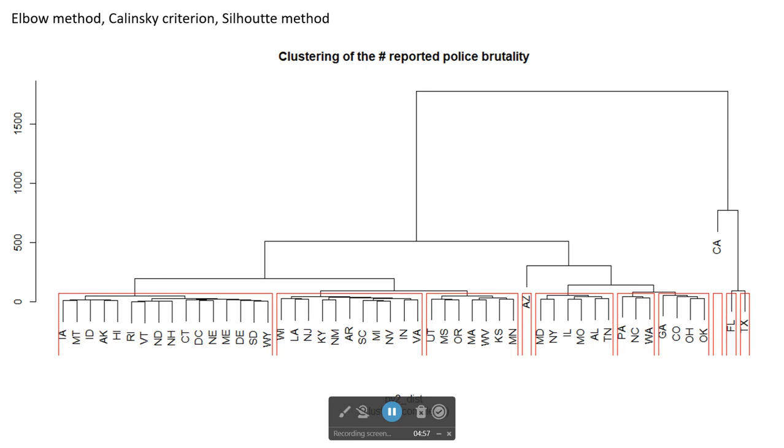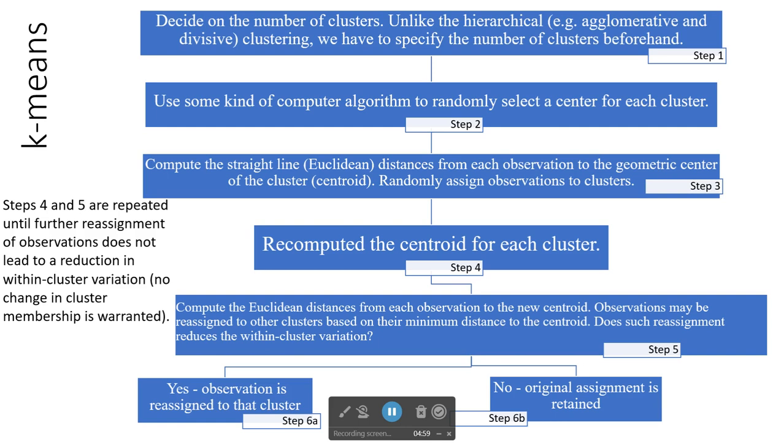K-means clustering is a top-down approach. It proceeds differently than hierarchical agglomerative clustering.